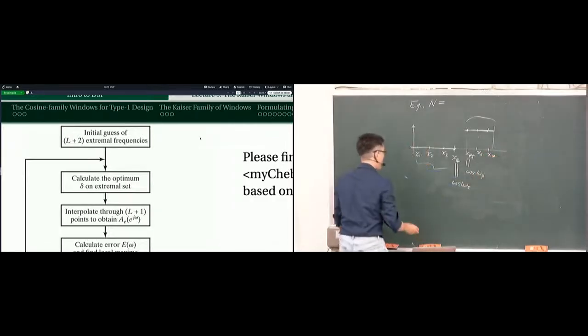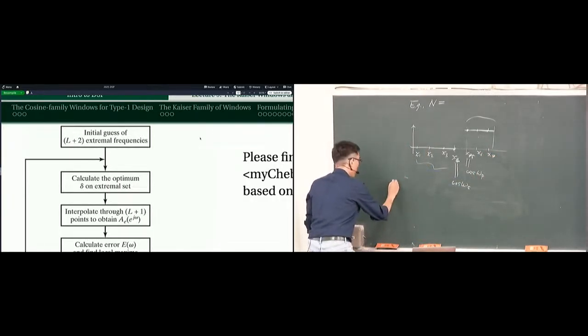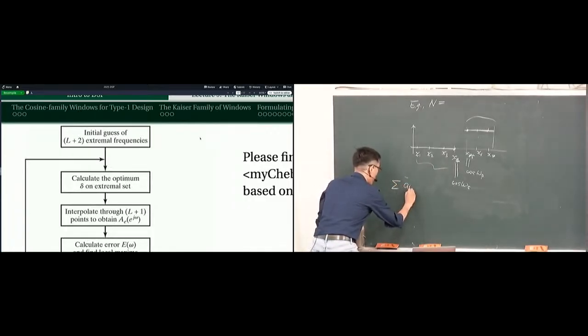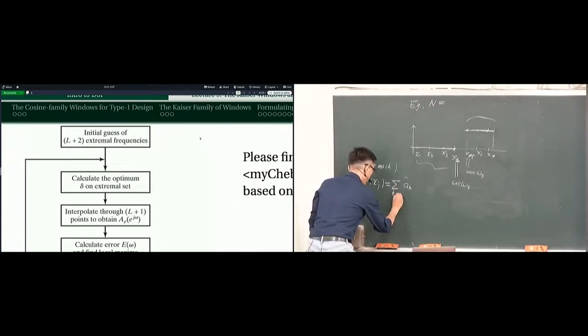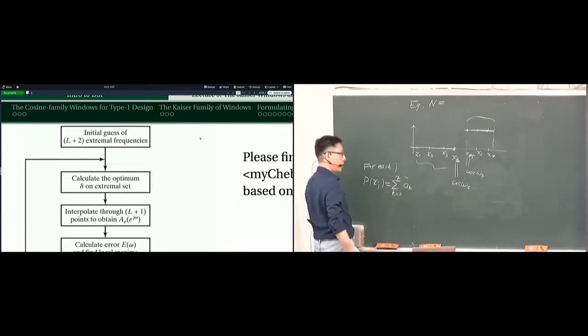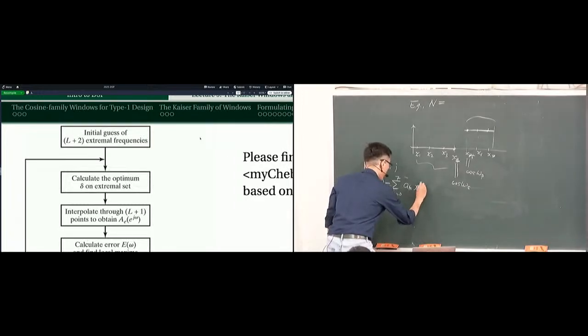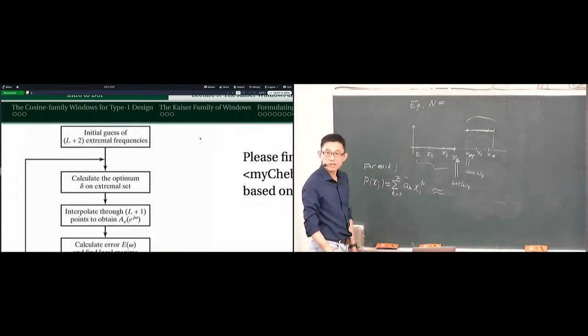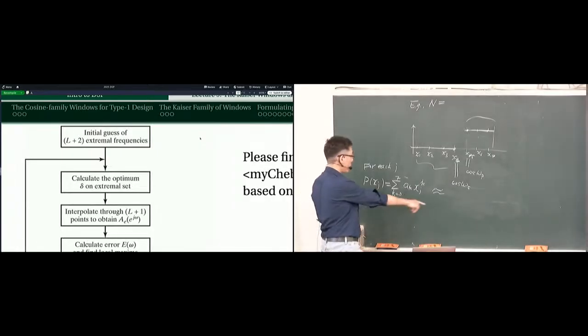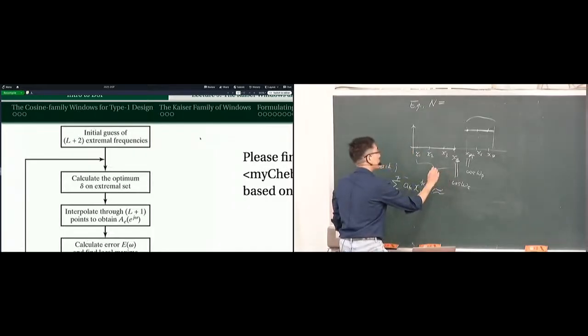Remember that our goal is to find a polynomial P of xj, defined by the sum over k from 0 to 7 of AK xj to the kth power, which approximates our desired response.